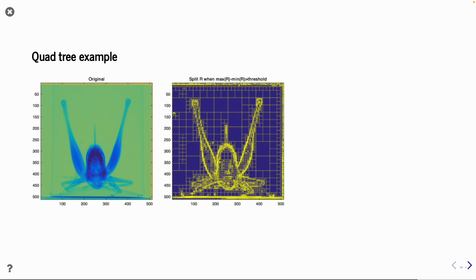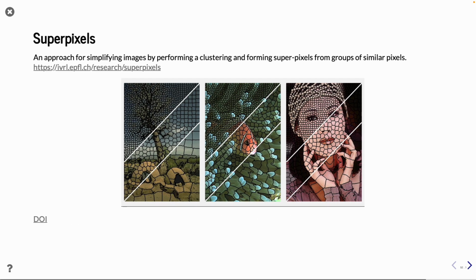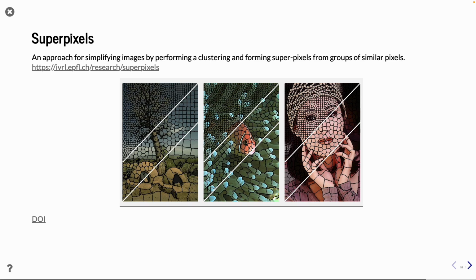It can of course also be done in 3D, but then instead you have cubes that you split into subcubes, so then it's an octree. And the whole thing can also be constructed as a tree structure if you are into data structures, and you can do some quick searching within these. The further development of that is to work with superpixels, and that's a bit smarter, and there is more information about those.